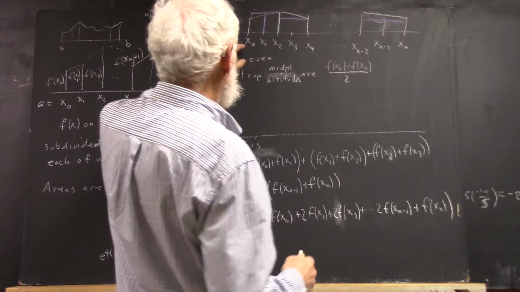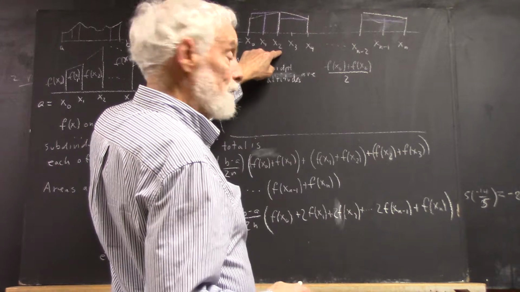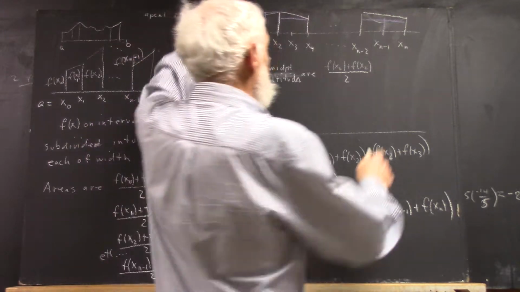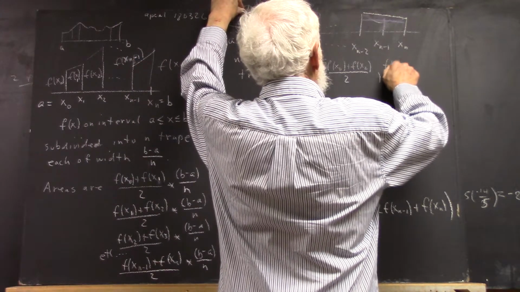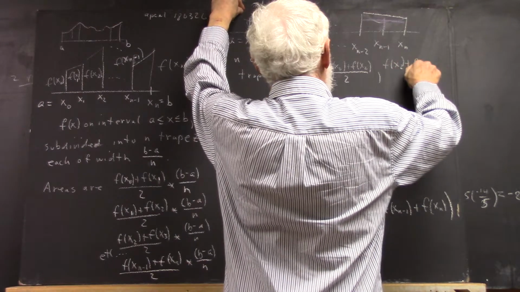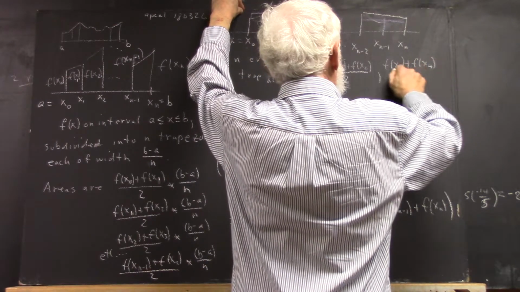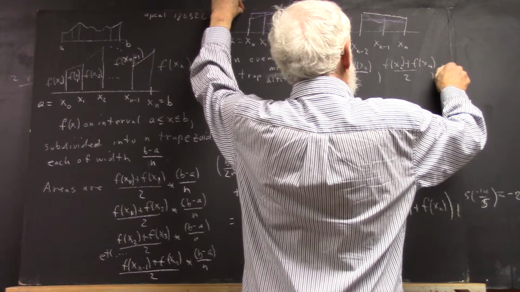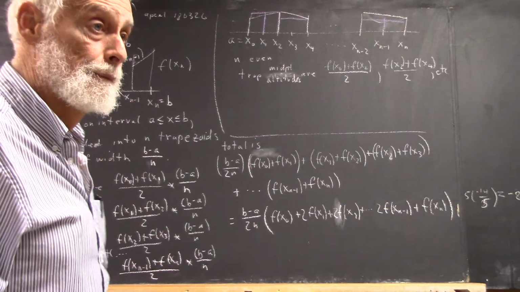Well, we'll average f of x naught and f of x2, and so forth, right?